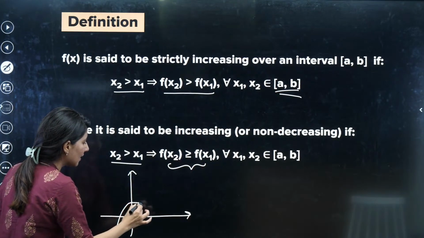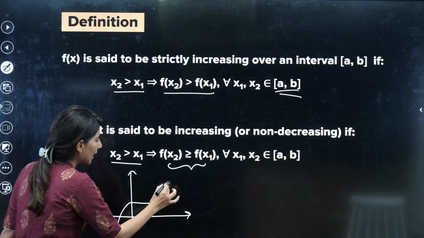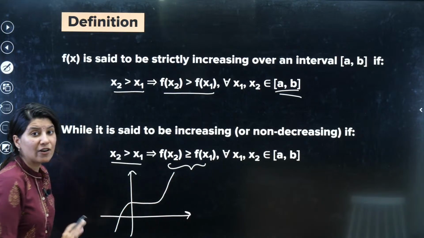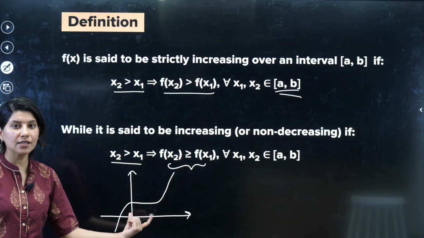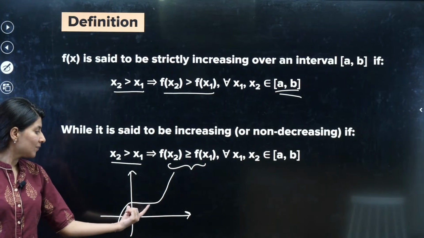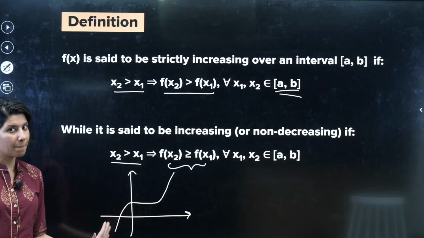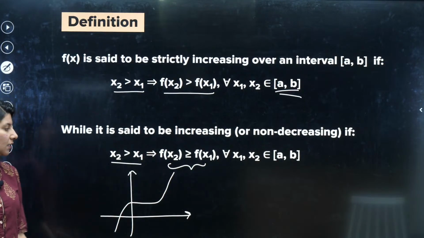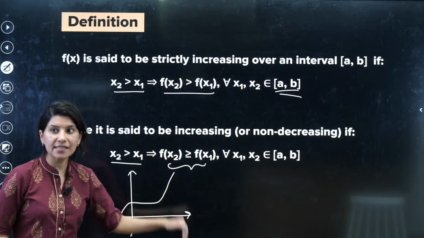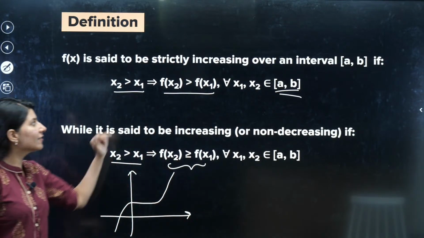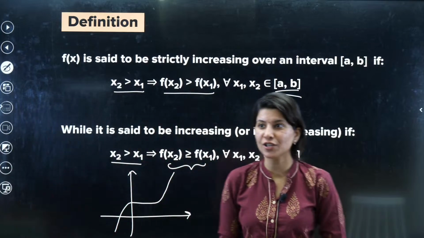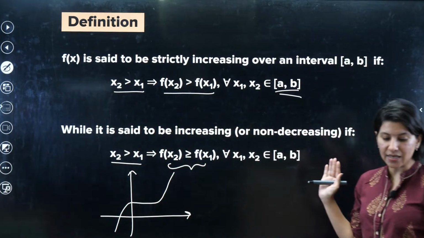Sometimes it is increasing, becomes constant, and then increasing again, but the function never decreases. It stops at a certain point, but it never goes down. So this is the definition of increasing function, and this is strictly increasing function. I hope that these two things are clear.